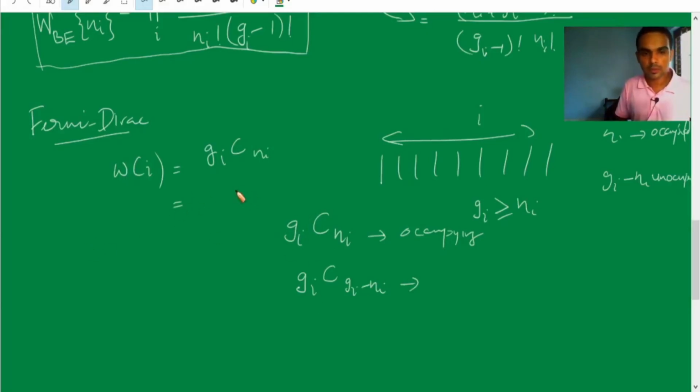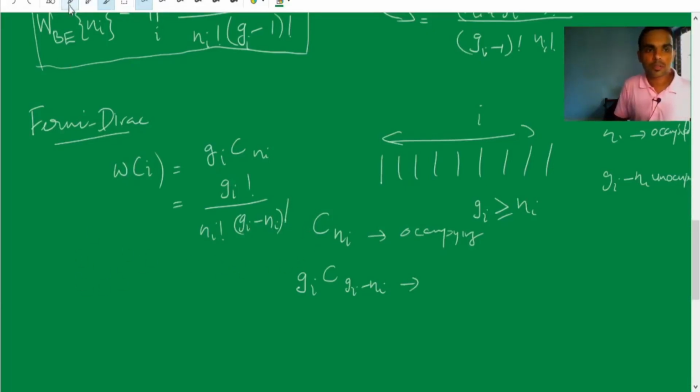So this is equal to Gi factorial divided by Ni factorial into Gi minus Ni factorial. So I can remove this. So this is it.